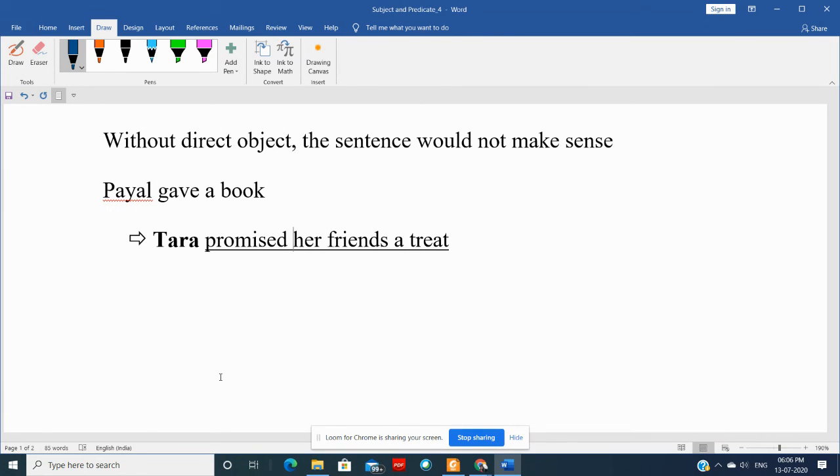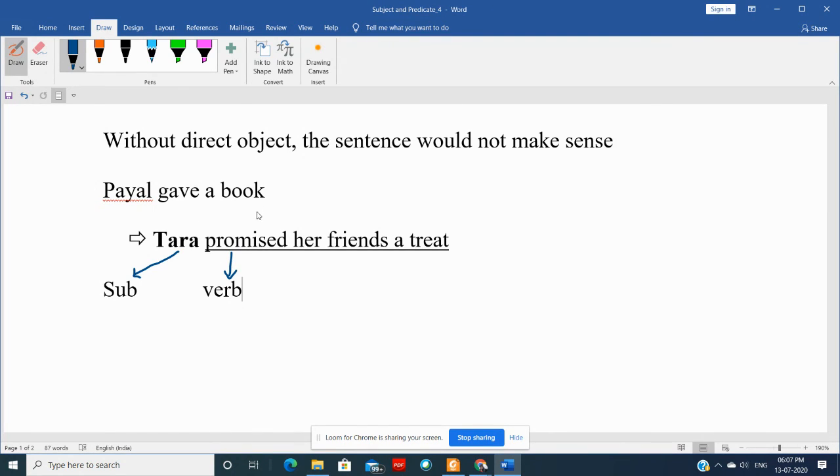Now let's start talking about what it is. So Tara is your subject. Then here it is verb. So first of all, we'll just write down this. Tara आपका क्या बन गया? Subject. Promised is your verb part in predicate part of a sentence.